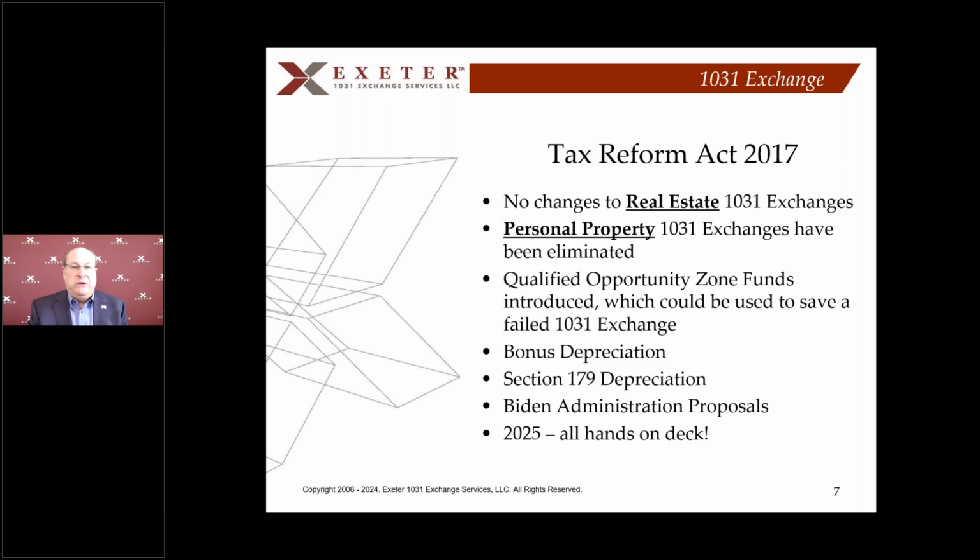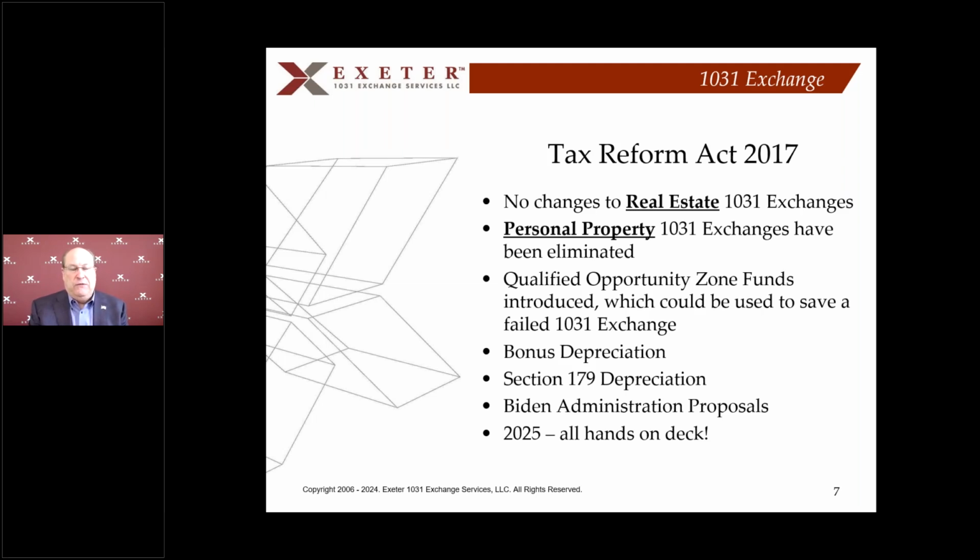So shipping, trucking, livestock, equipment, anything that was actually held for rental, investment, or business use, even if it was not real estate. Airplanes, for example, could be exchanged for other like-kind properties. So if you're selling aircraft, you could buy aircraft. That was taken away in the 2017 Tax Act. So the only thing we could do 1031 exchanges on today is real estate.